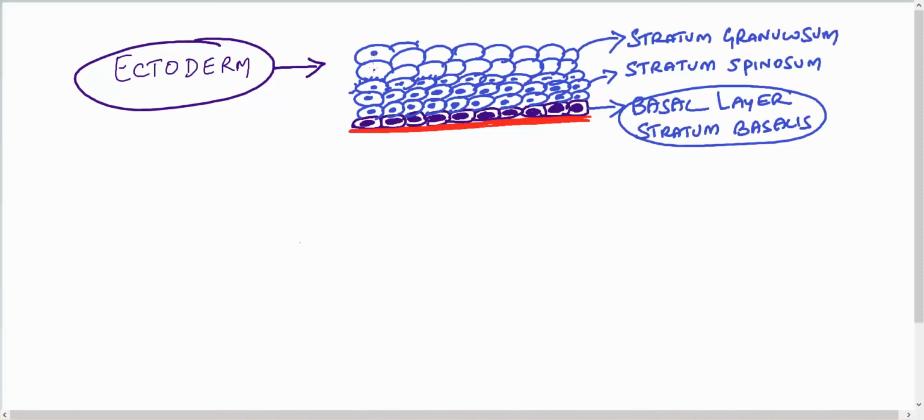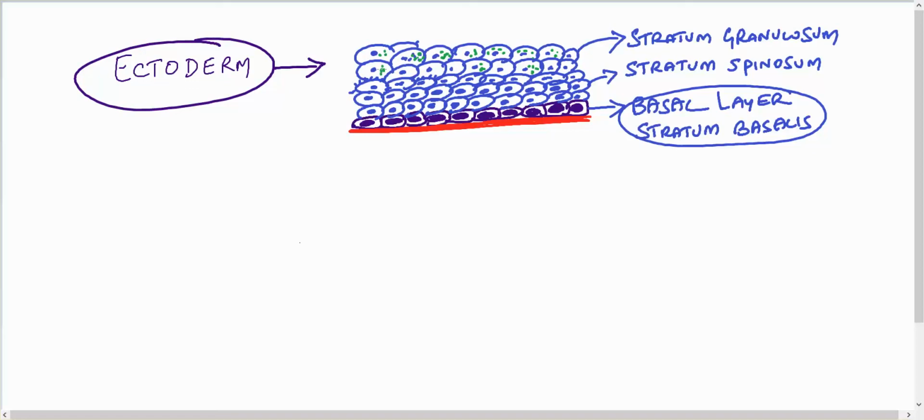When they mature, the nucleus size reduces, and they have some granules, so that's why they are called granular cells, stratum granulosum.